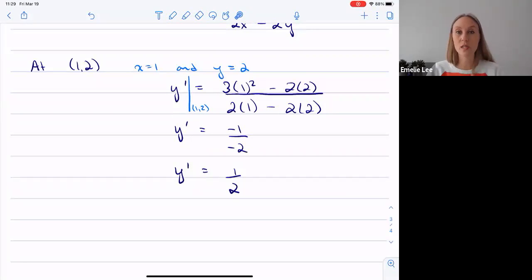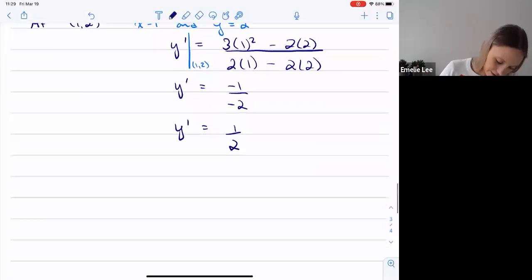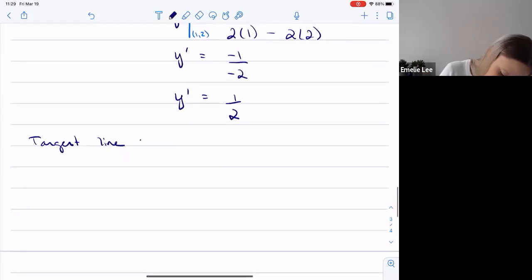Okay, so now we know the slope at 1, 2 is positive 1/2. So we've got this slight positive incline. Now for the equation of the tangent line, we're going to be so good at constructing lines by the end of this course.